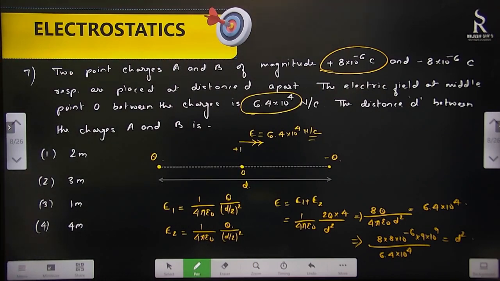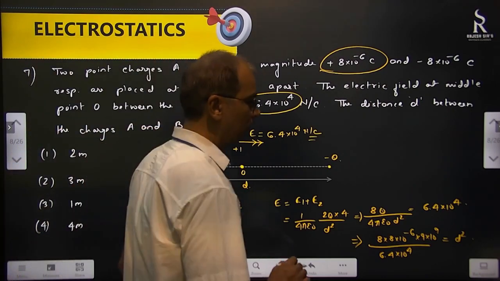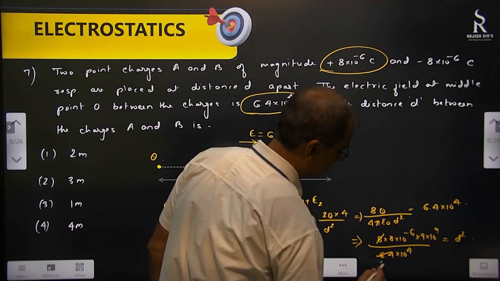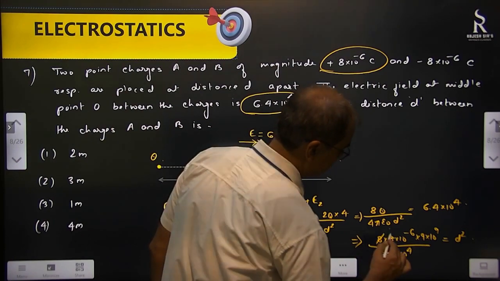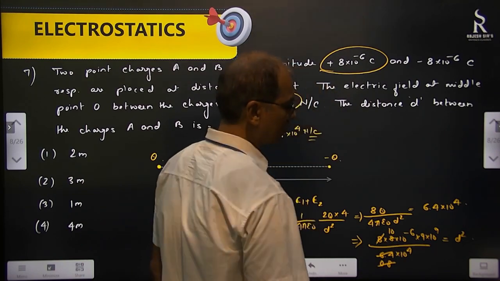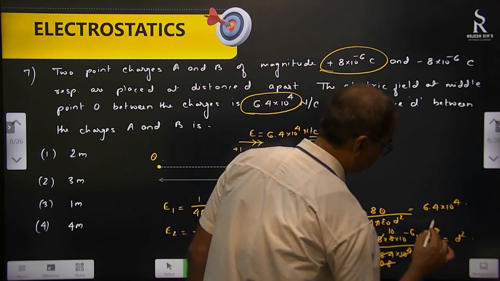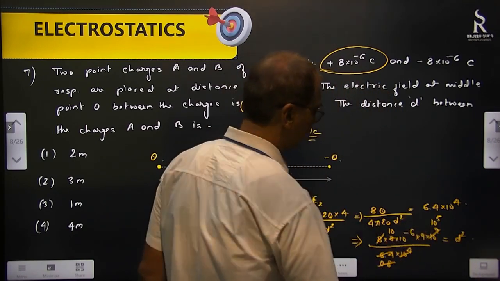Okay, we have done everything. Whatever values were given, we have kept them there. So what we can do now, you can see that this is 8, so this is 0.8, and 0.8 to 8, this is 10. This is 10 to the power 5, and 10 to the power 4 here makes 10 to the power 5.